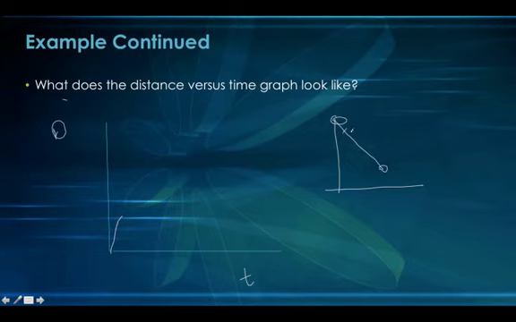As we go, velocity is decreasing and decreasing and decreasing. However, this is position or distance. So if you're moving, you're still changing your distance. So you're going up, and then you start to slow down, you start to slow down, you start to slow down, and eventually you'll get to a point where you have zero velocity. So it'll start to taper off. So here is what your graph almost looks like.